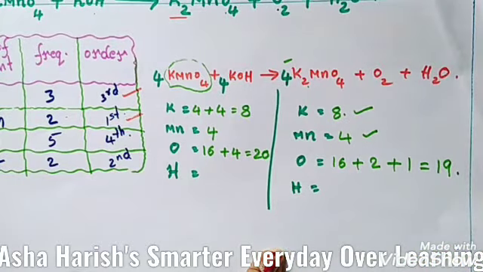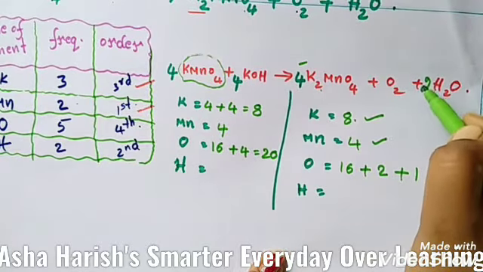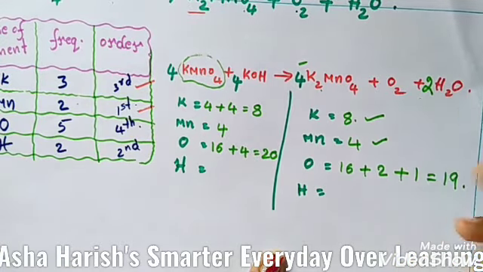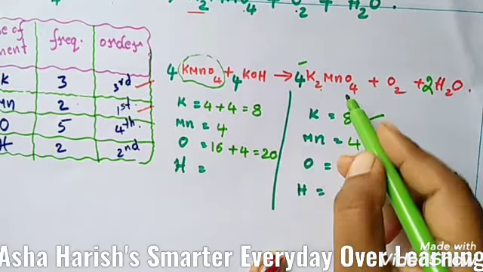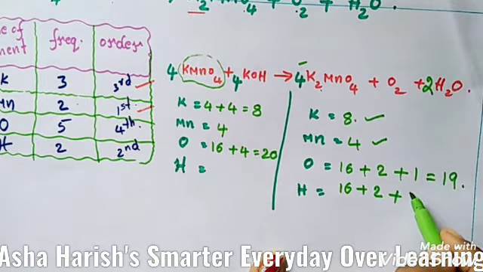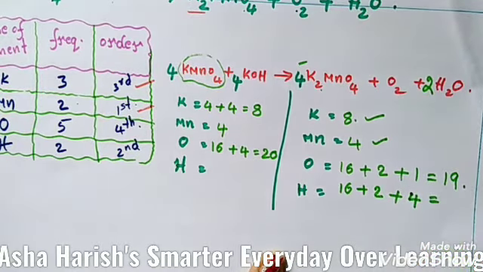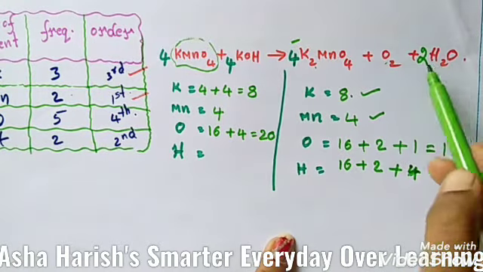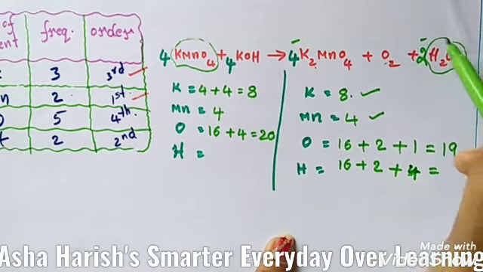Now students, if you add 2 before the compound H2O, if you place 2, now here 16 plus 2 plus this 2 belongs to this entire compound, okay.